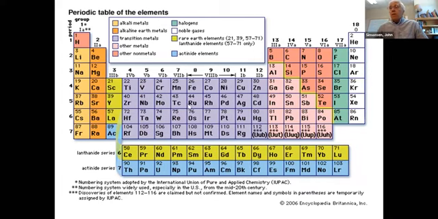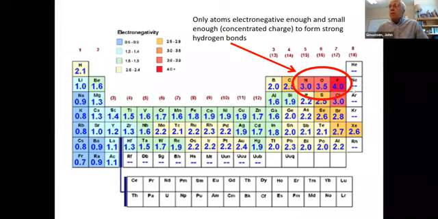So we have here's the periodic table, and the electronegativity goes up and right, if you remember that from chemistry. So the highest electronegativity is fluorine. I think that's here.